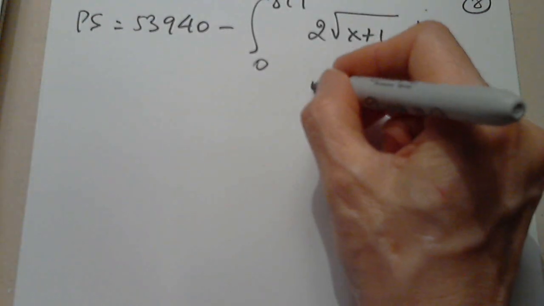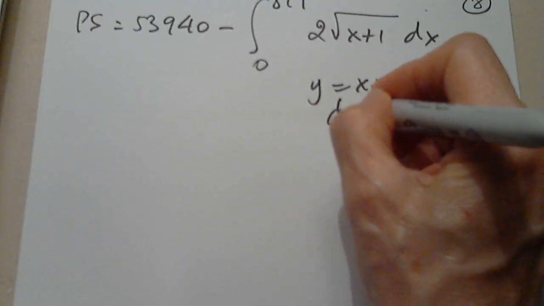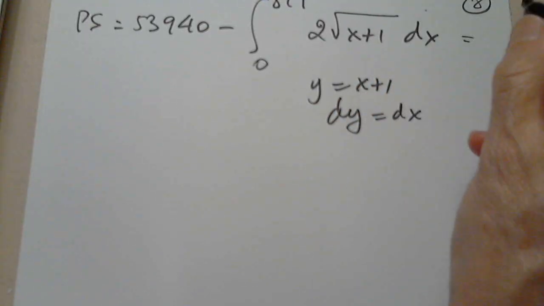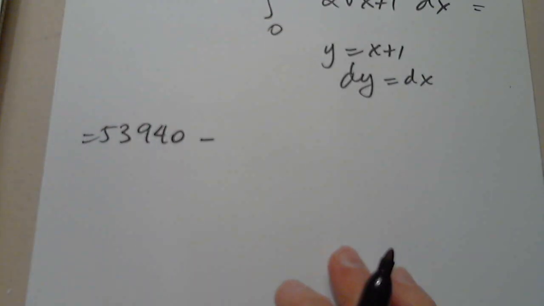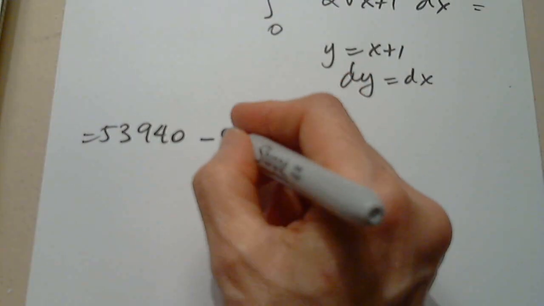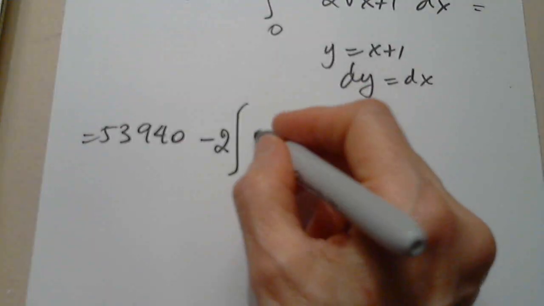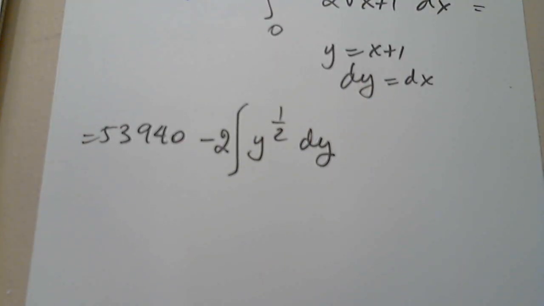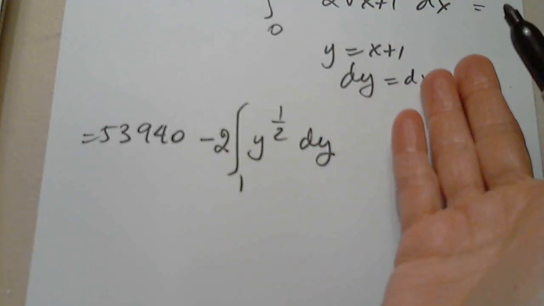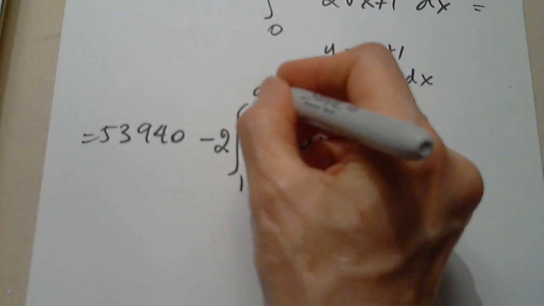The same substitution, y equals x plus 1, dy equals dx. So we have 53,940 minus the integral, 2 outside, and y to 1/2 dy. But we have to change the limits of integration. Same limits: when x is 0, y is 1. When x is 899, I have 900.